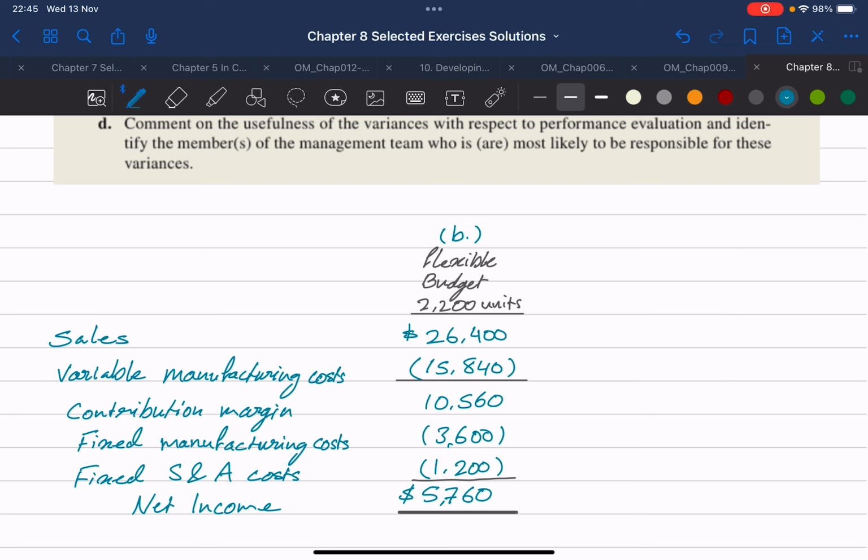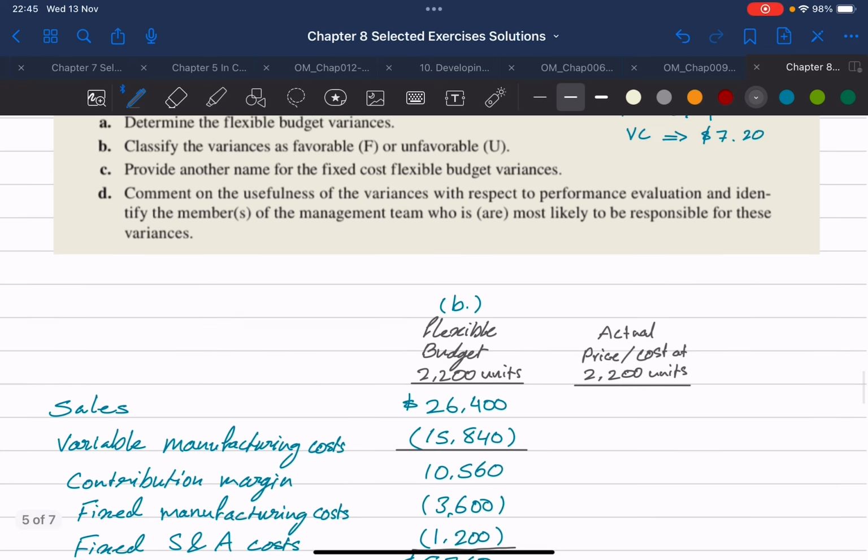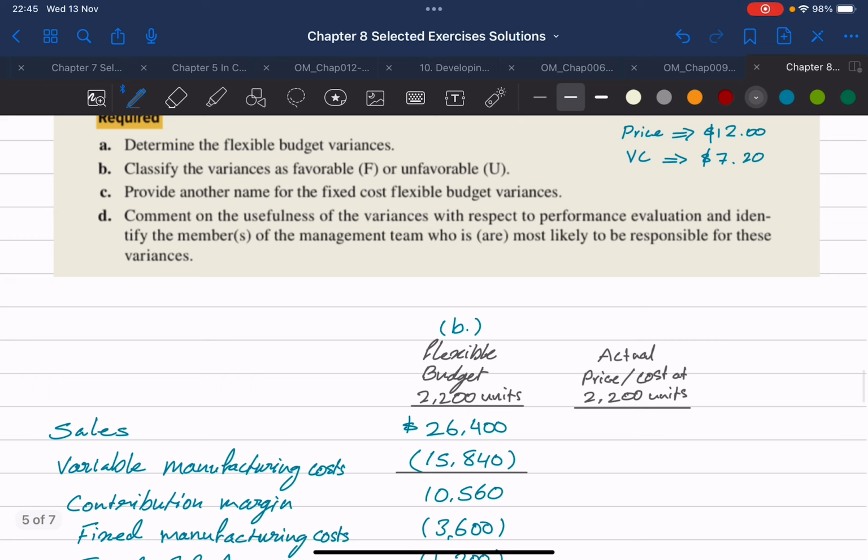Now we're going to add one more column. We'll call it actual price/cost at 2,200 units. Okay, that's the requirement here. And then we also need to classify the variances.